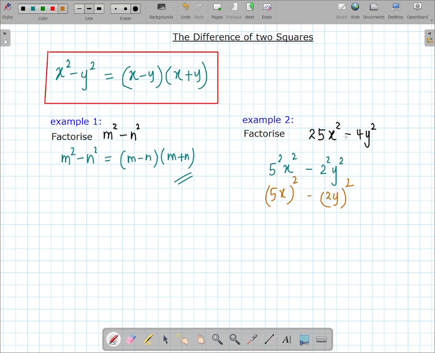Before it was not a difference of two squares, but here it is. Then we can write it as two brackets. First bracket 5x minus 2y, the other bracket 5x plus 2y.